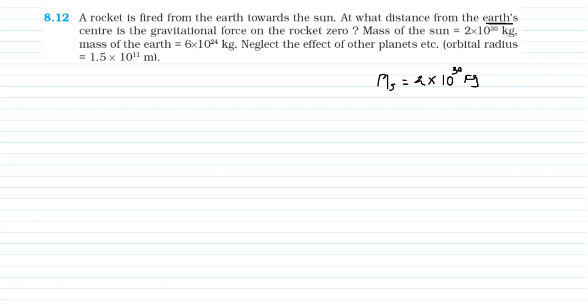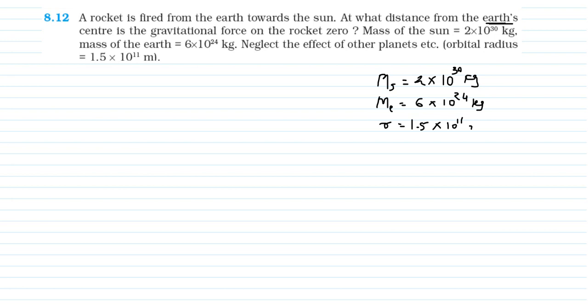Mass of the earth is equal to 6 into 10 raised to 24 kg. Neglect the effect of other planets. And orbital radius, that is here you can say r is equal to 1.5 into 10 raised to 11 meter.